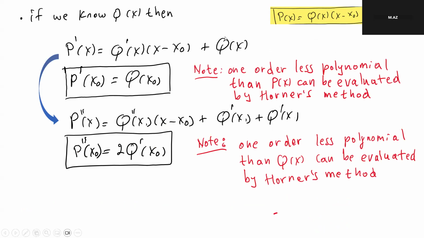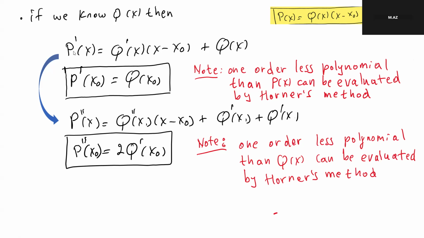How can we do this? Because we learned that by Horner's method we can find the value of the first and the second derivative of the polynomial function. This is our polynomial function. If I take a derivative of this function, what is the derivative? It is q prime x times (x minus x0) plus q x.